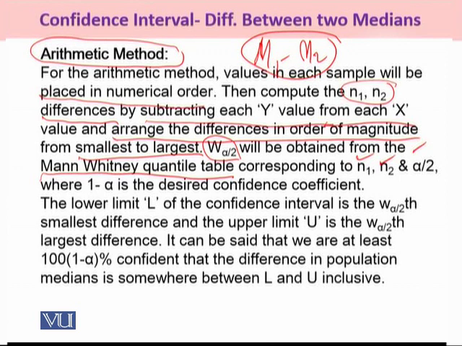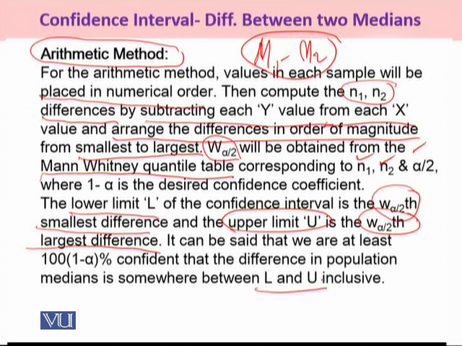The lower limit is denoted as L. It would be calculated as the W alpha by 2th smallest difference, and the upper value U is the W alpha by 2th largest difference. So it can be said that we are at least 100(1 minus alpha)% confident that the difference in population medians is somewhere between L and U inclusive.